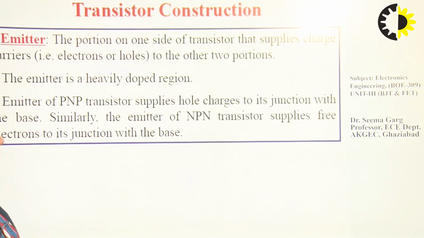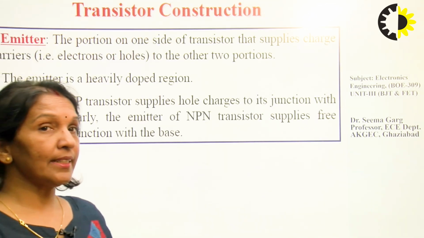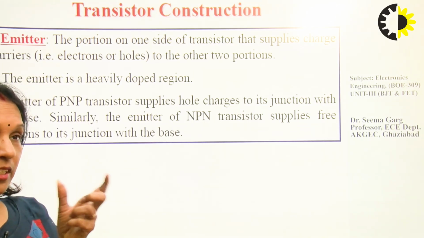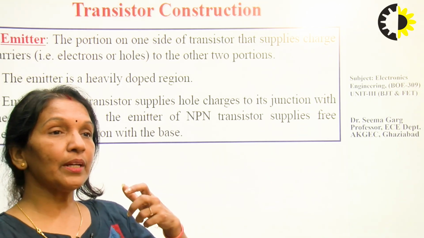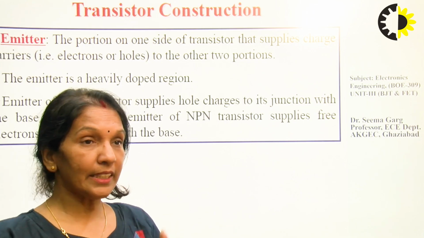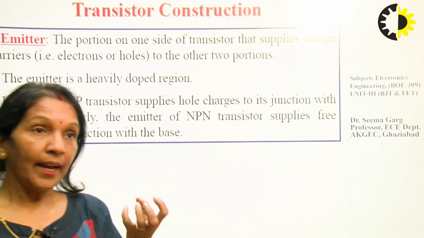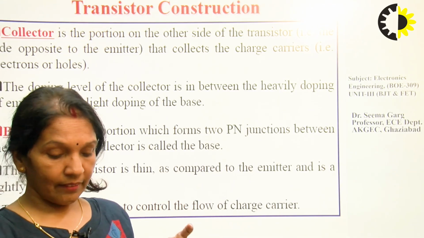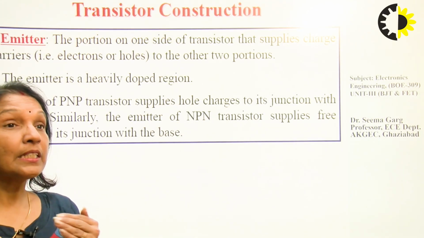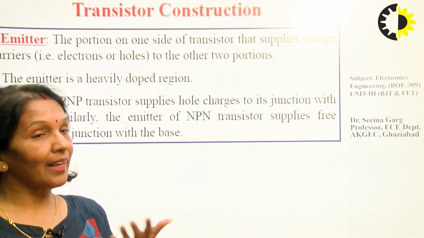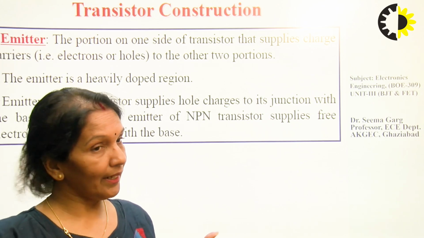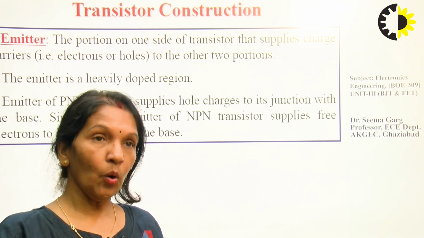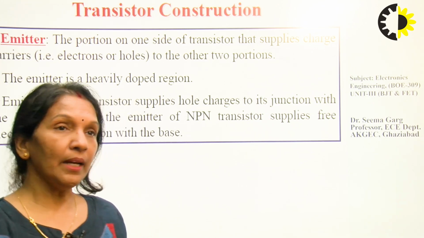The emitter is the portion on one side of the transistor. As you can understand from the word, the emitter emits the charge carriers, meaning it is the portion of the transistor that supplies the charge carriers, either electrons or holes: electrons in the case of the NPN transistor, holes in the case of the PNP transistor.